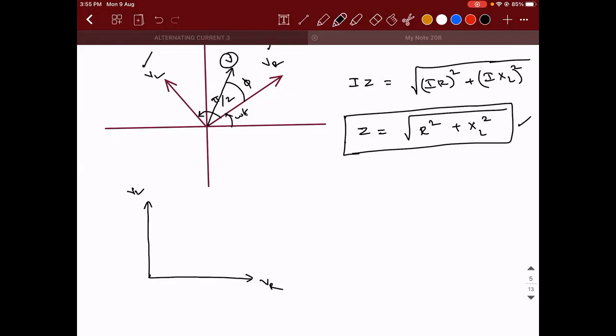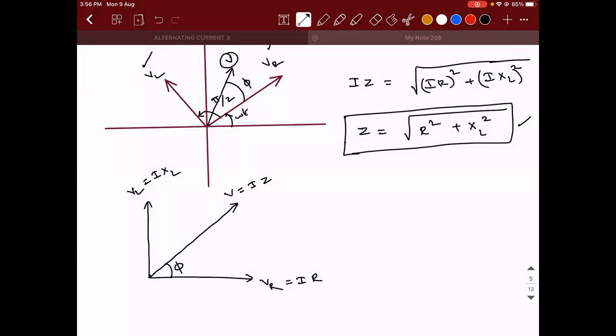They both are perpendicular. I hope you are able to understand what I'm trying to say. If I call this V, and this angle is phi, then V will be equal to I into Z, VR will be equal to I into R, and VL will be equal to I into XL.